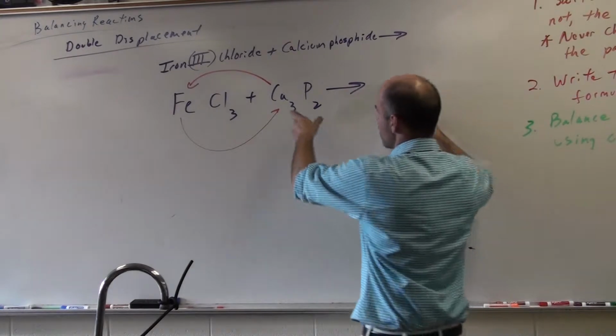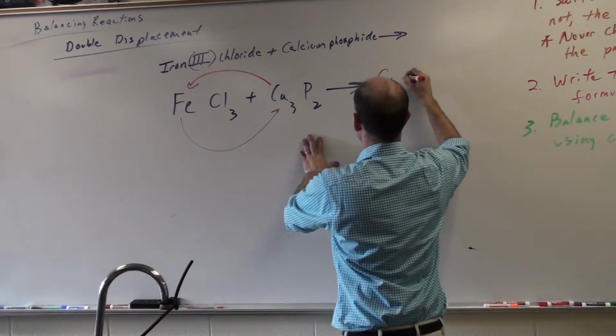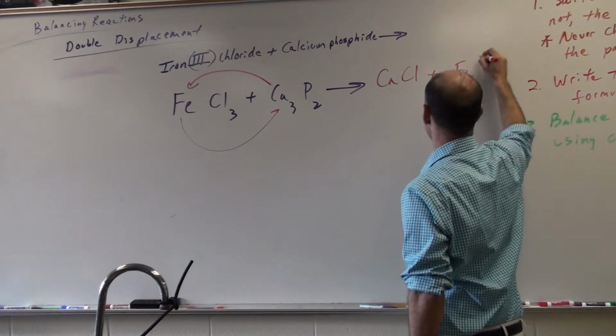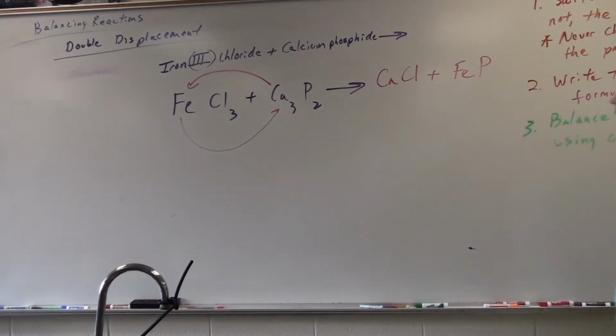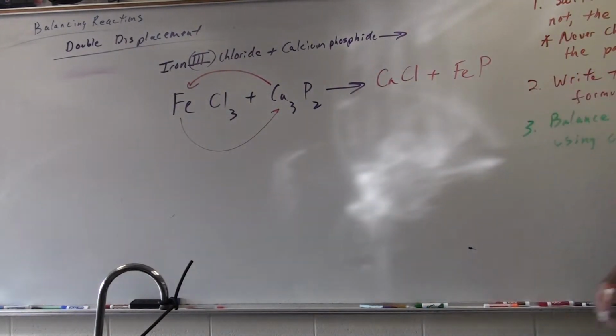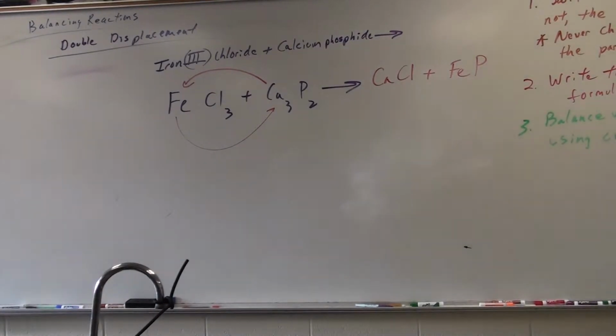So when I switch the symbols, I get calcium bonding to the chlorine and the iron bonding to the phosphorus. I did not bring the subscripts over. You have to rebalance it. So, charges.